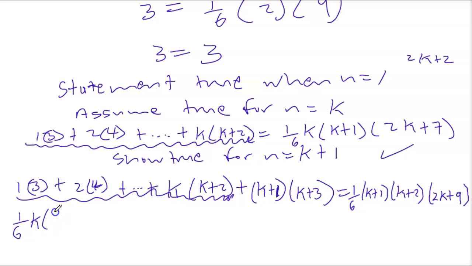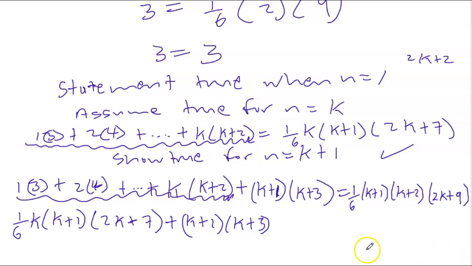You substitute it times k plus 1 times 2k plus 7. And then we're left with the additional term, which was k plus 1 times k plus 3.